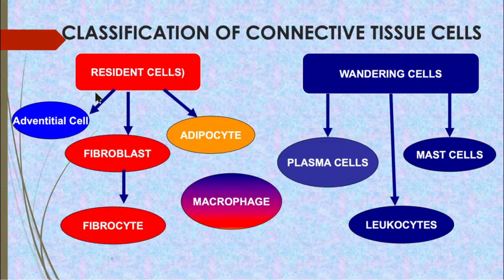Another type of cells, which is also named adventitial cells, also originally arises from stem cells of mesenchyme, pluripotent, multipotent mesenchymal stem cells.